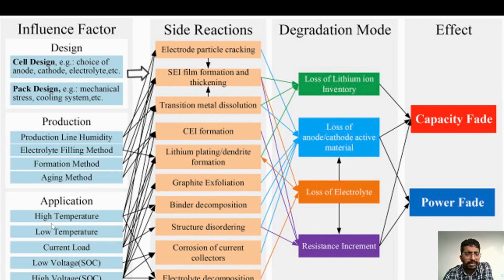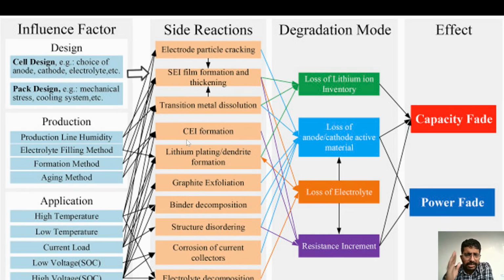Then applications where we are using these batteries: high temperature, low temperature, current load, low voltage, high voltage. So what are the changes that are happening because of these things, like particle cracking, SEI film formation and thickening, transition metal dissolution. So these things will be taking place.